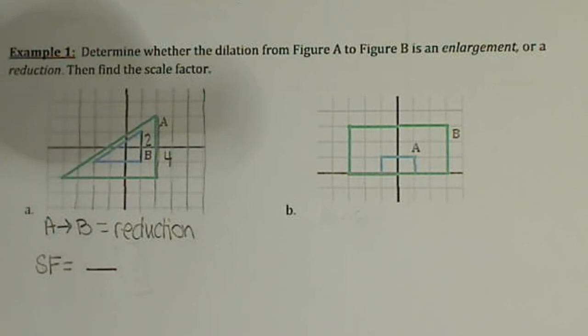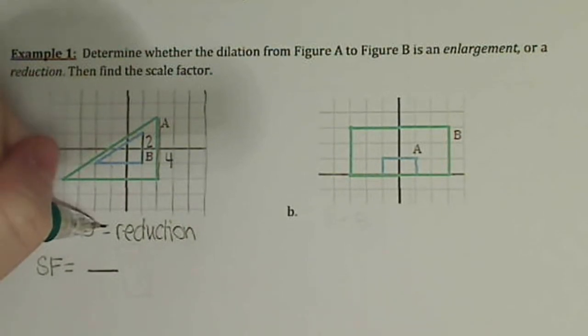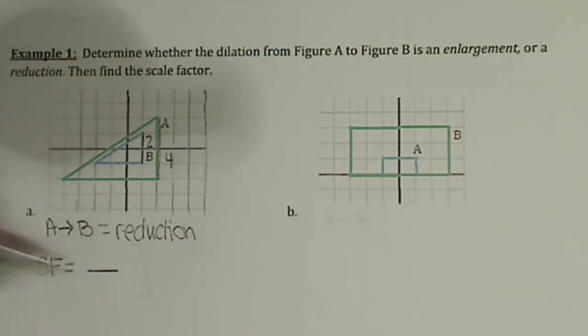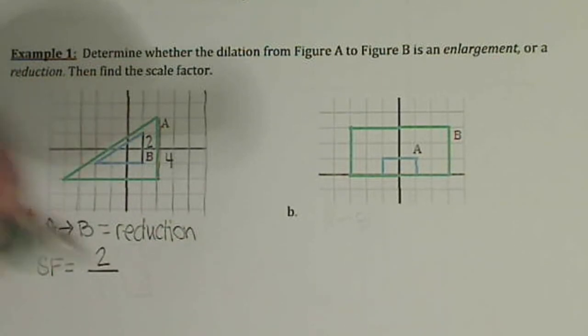So to find the scale factor, I need to know, is this going to be 4 over 2 or 2 over 4? To answer that, I need to see, well, what was it? It was a reduction. So if it's a reduction, it means it got smaller. It means the scale factor is smaller than 1. So my scale factor, I'm going to actually put the dilated image, the 2, over the original image, 4.